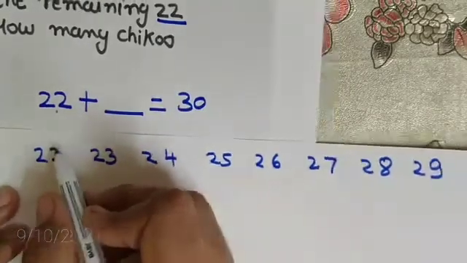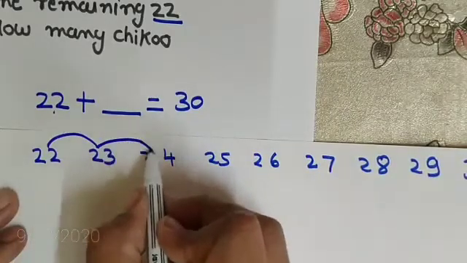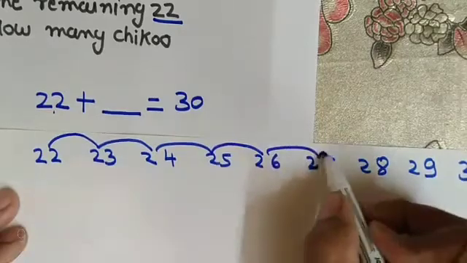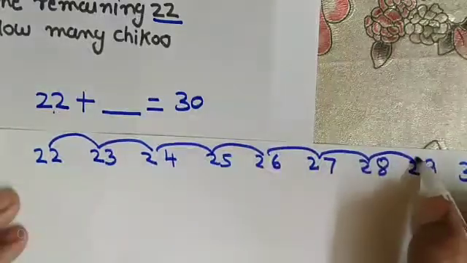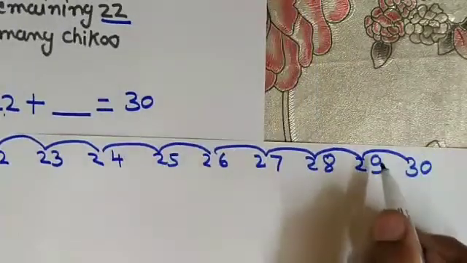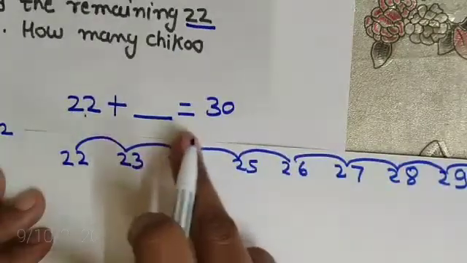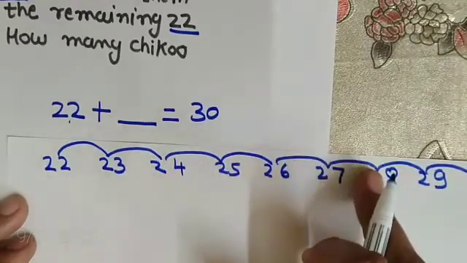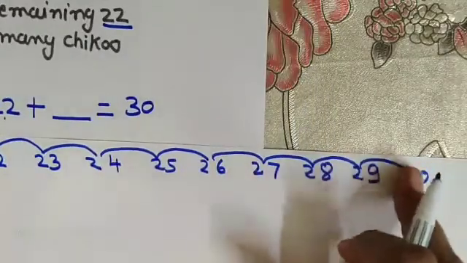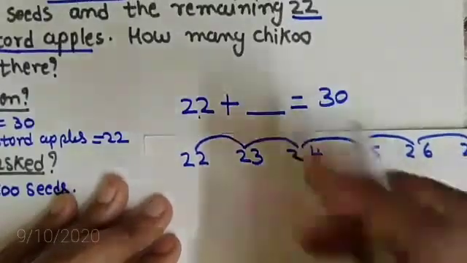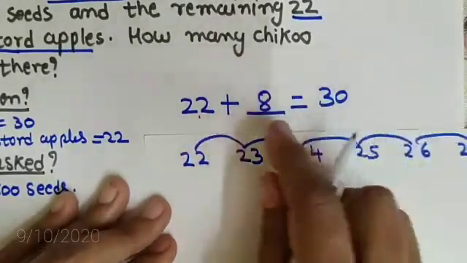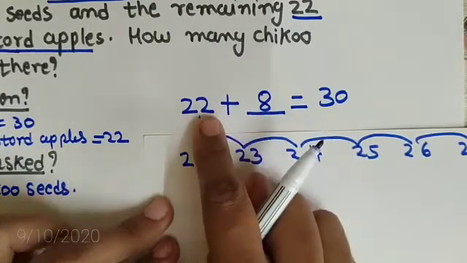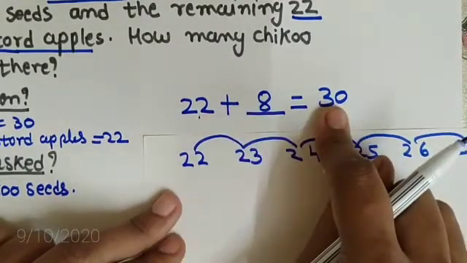So let's count. 1, 2, 3, 4, 5, 6, 7, 8. Means here we have taken 8 steps, or we can add 8 to 22, then we will get the sum 30.